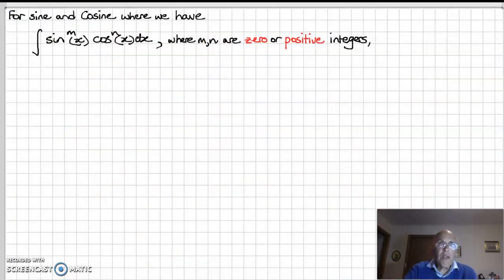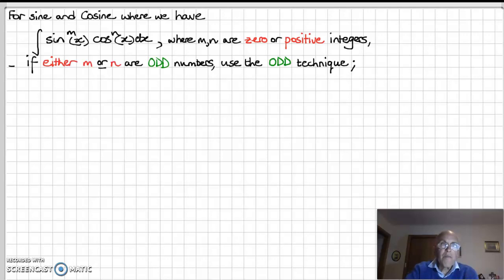Now, for integrating sine and cosine, where we have this form, the integral of sine to the mx times cos to the nx, where m and n are zero or positive integers. Here's the deal. If either m or n is odd, in fact, if either of the indices is odd, then we use what's called the odd technique.